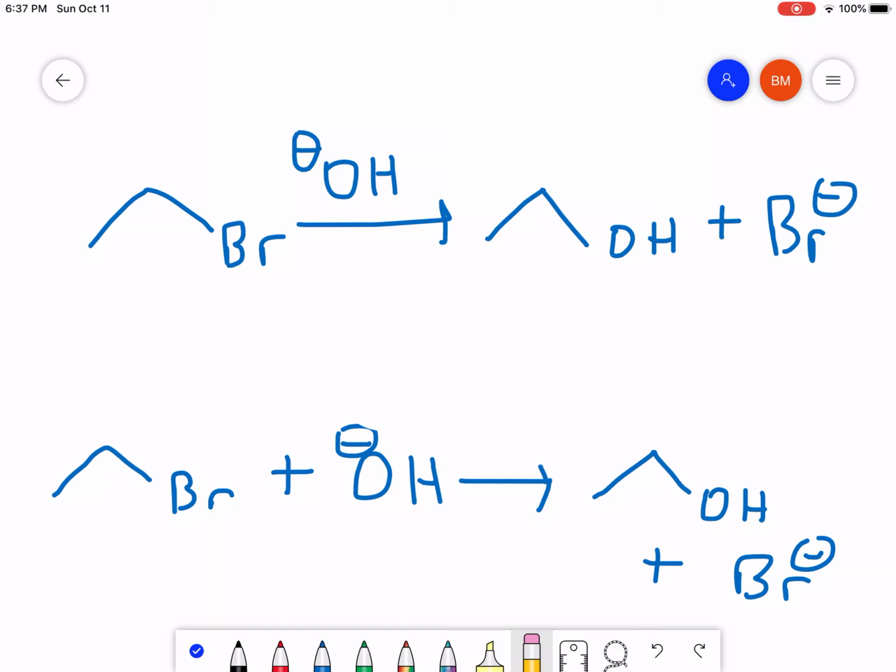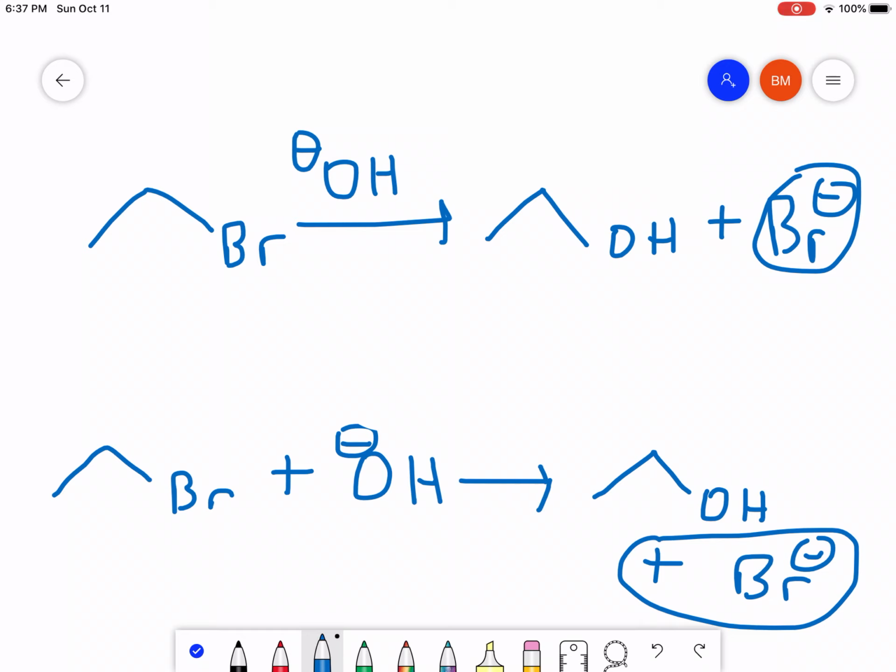So in this case, if you look at Br minus, that's a waste product. That's just a byproduct. If we're trying to get that molecule, and that product is ethanol, by the way, if we're trying to make ethanol, we're not really focused on the waste products. So a lot of times what you'll see is that when we write equations, we will omit byproducts.